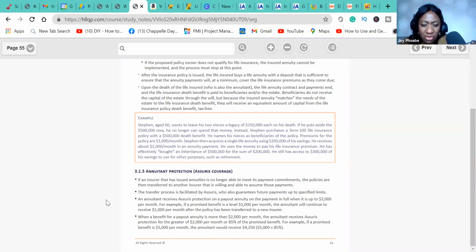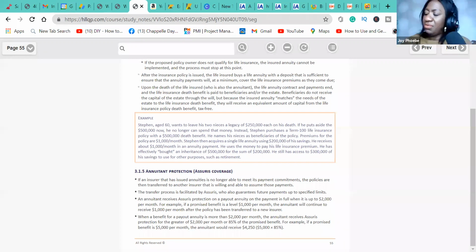But if it's more than $2,000 per month, here's what happens. When the benefit paid for a payout annuity is more than $2,000 per month, then the annuitant receives Assuris protection for the greater of $2,000 per month or 85% of the promised benefit. For example, if the promised benefit is $5,000 per month, then the annuitant receives 85% of $5,000.